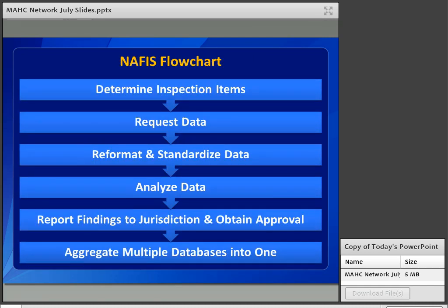This flow chart covers what we did in terms of NAFIS, how we decided what data we were going to look at and analyze. First we determined what inspection items to look at. Once a local or state partner agreed to work with us, we asked them for their pool code and their pool inspection form.